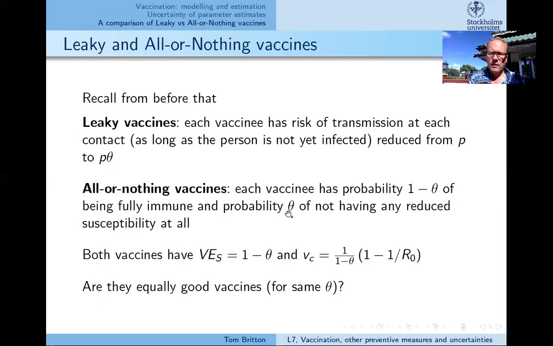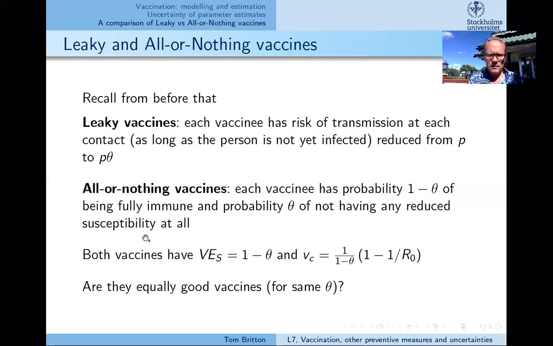So if you vaccinate 1,000 individuals, in a fraction of them the vaccine has no effect, and the other fraction are completely immune. So each vaccinee has probability 1 minus theta of becoming fully immune, and with the remaining probability theta, the vaccine has no effect whatsoever.